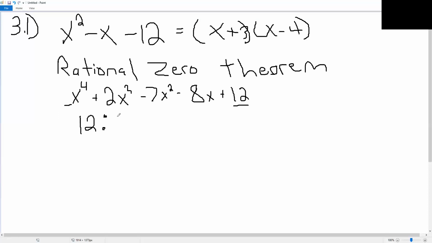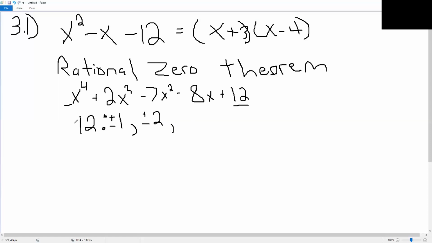And we need to represent it as plus or minus. So the factors of 12 are plus and minus 1. 2 will go into it, so plus and minus 2.